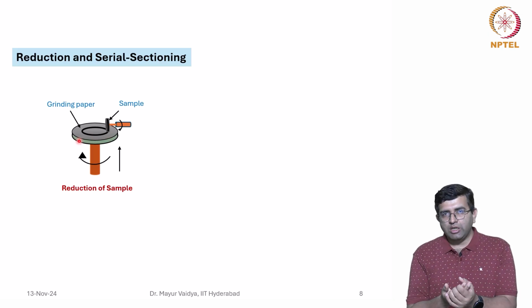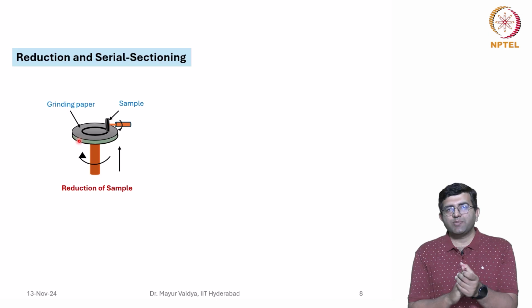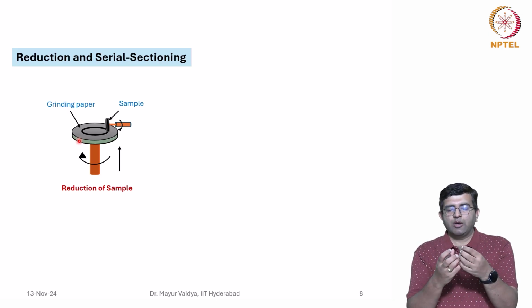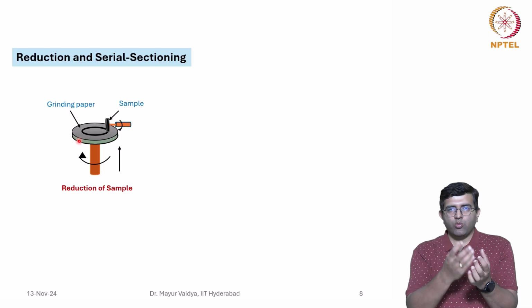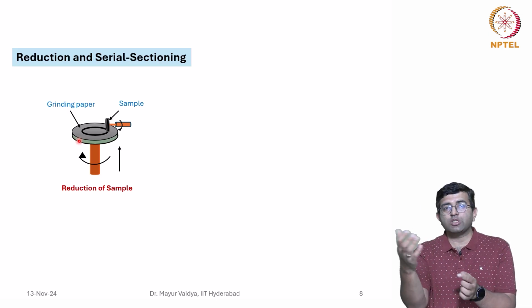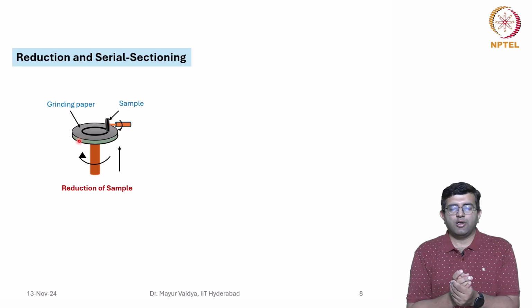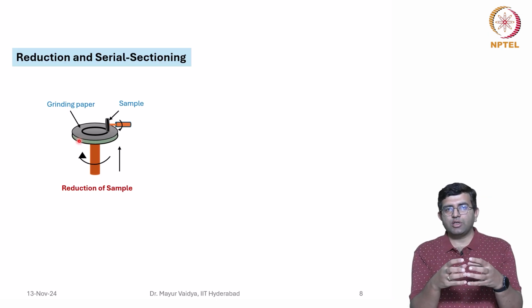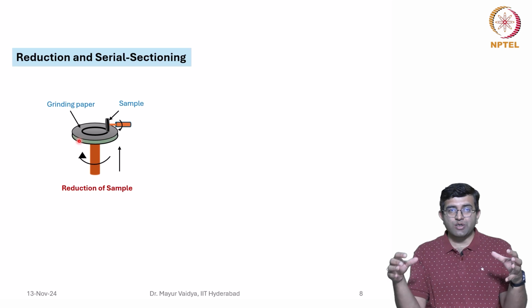Why we need to reduce the sample in diameter is because when you are depositing the tracer, ideally for the analysis you want the tracer only to diffuse in the depth direction. That is where you can use the Gaussian solutions that we derived earlier. But what can happen is that some of the tracer can diffuse through the surface also.